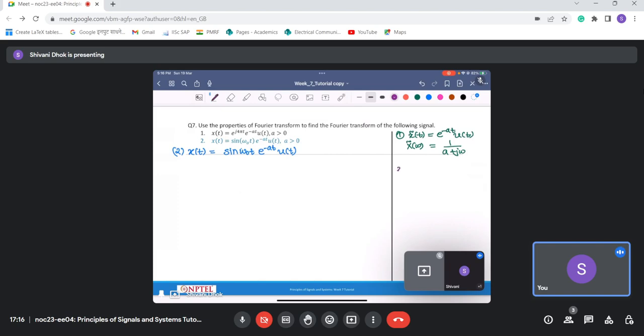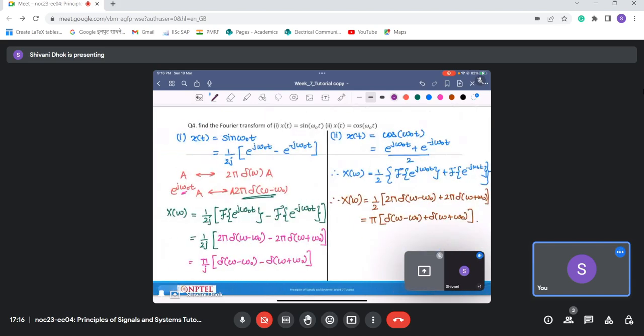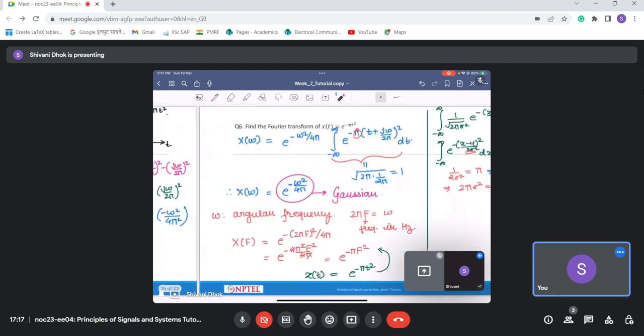Second thing that we have from previous discussion is that the sine of omega naught t has a Fourier transform of pi by j times delta of omega minus omega naught minus delta of omega plus omega naught.